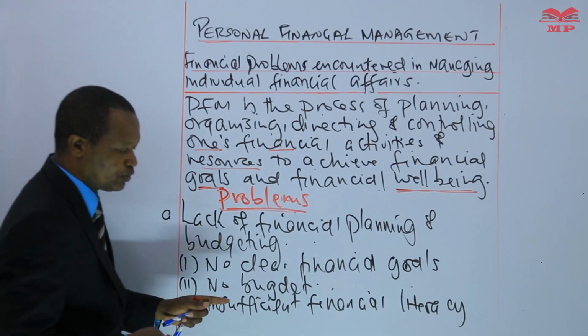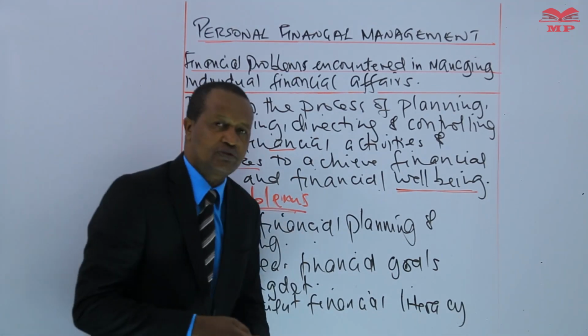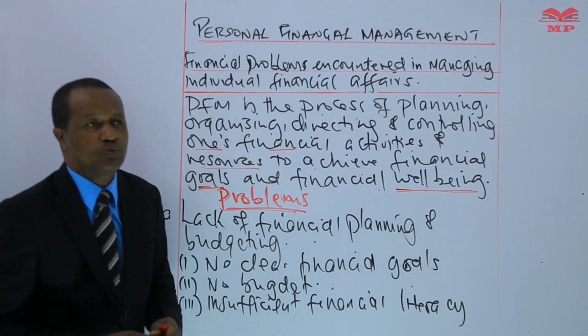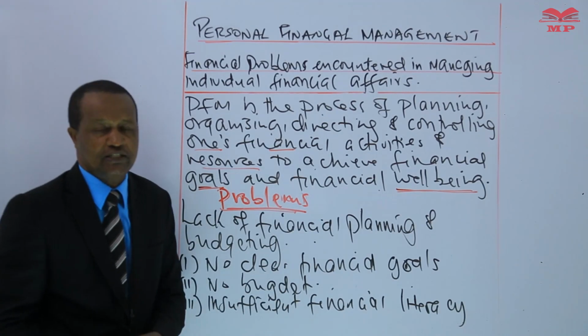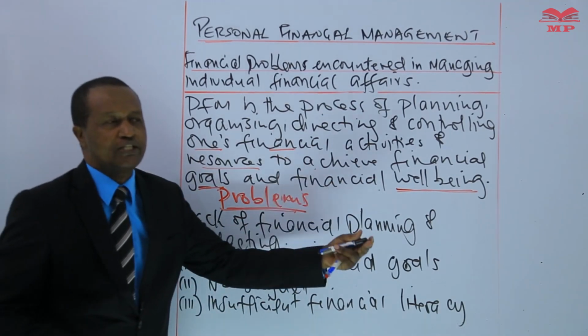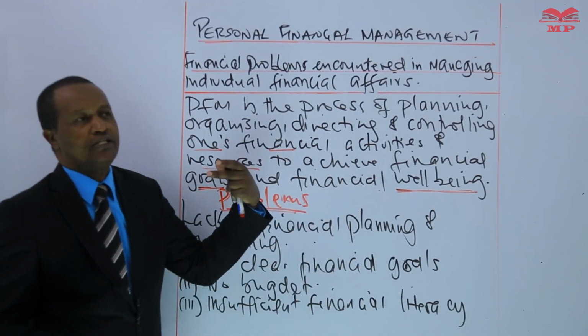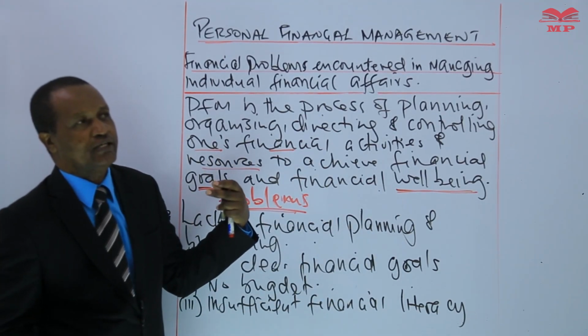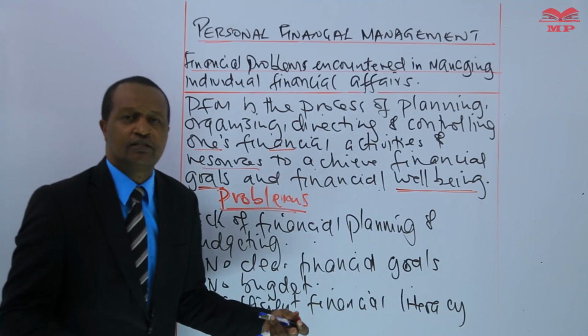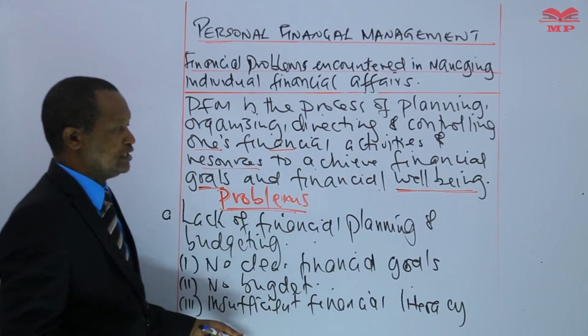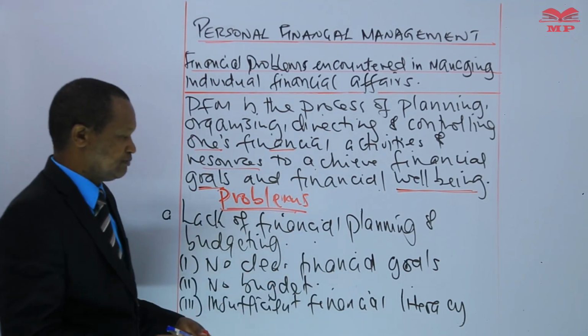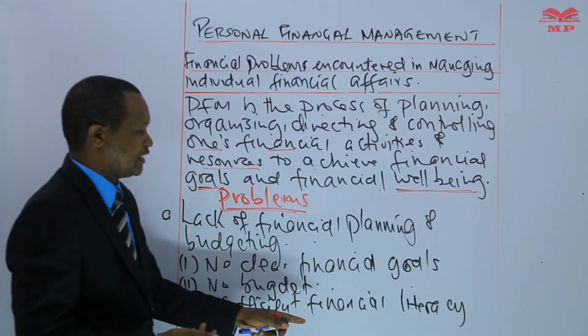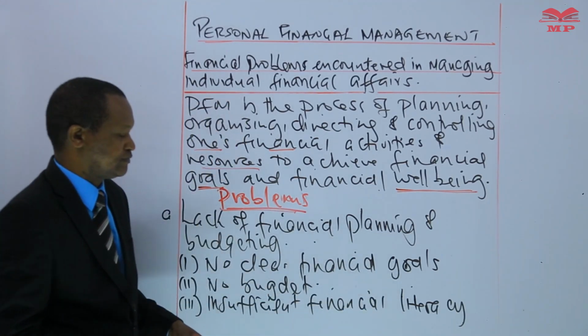And this is a common problem among individuals, including individuals who are well educated. One may be educated in medicine, in legal matters, in engineering. One may be educated in various fields, but that does not guarantee financial literacy.